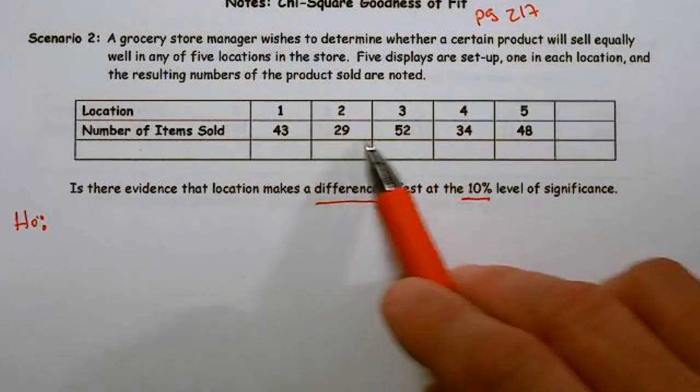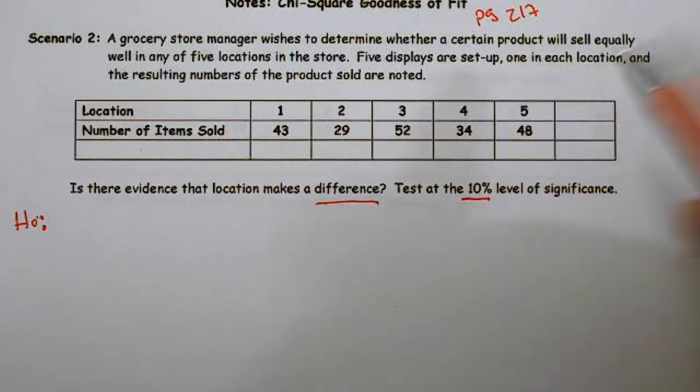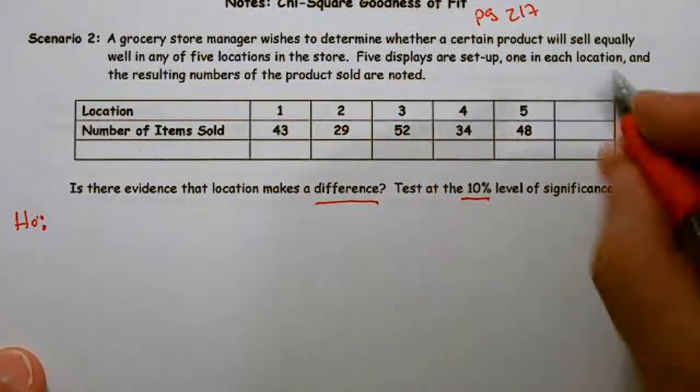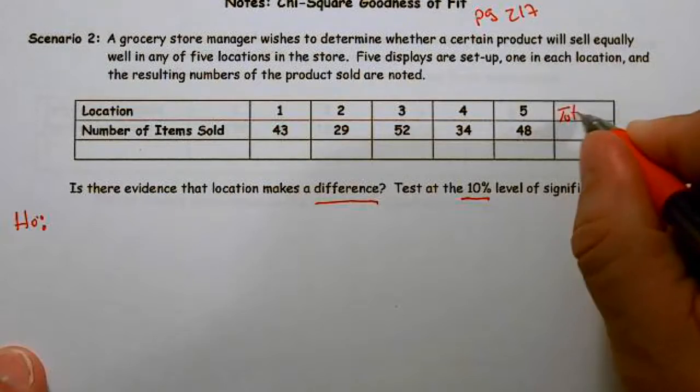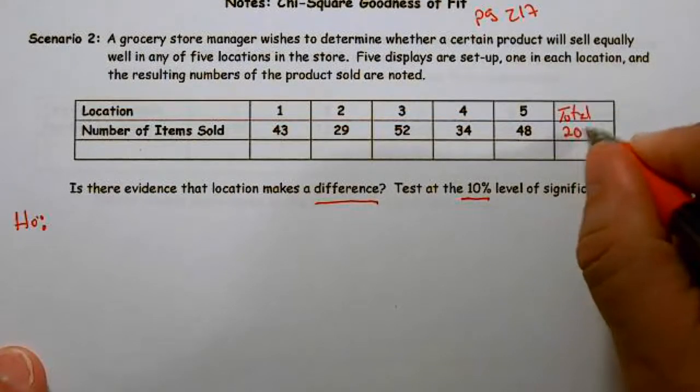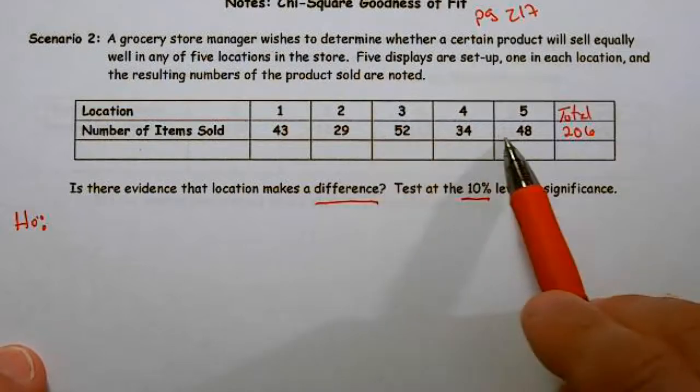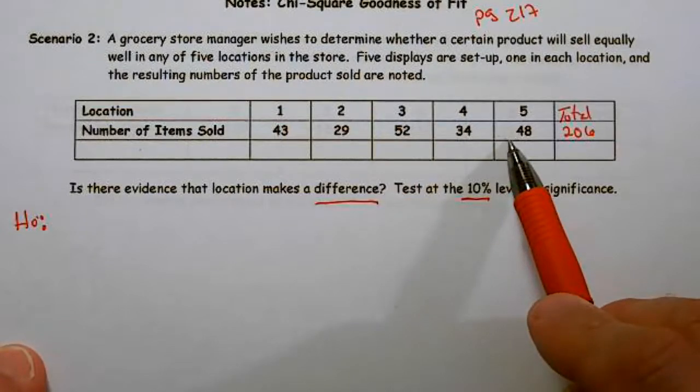I only have 1 variable, multiple categories, chi-squared goodness of fit. So I'm going to go ahead as always and sum this up, and I find that my total, when I add all these up, adds up to 206. Please notice these are all whole numbers, so the counted data condition is met.